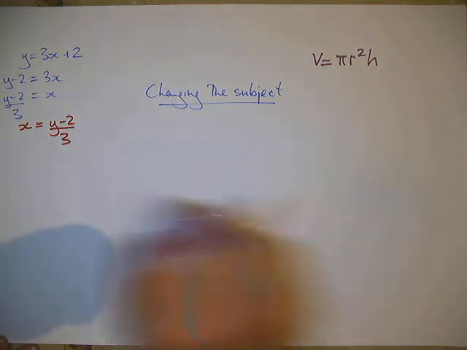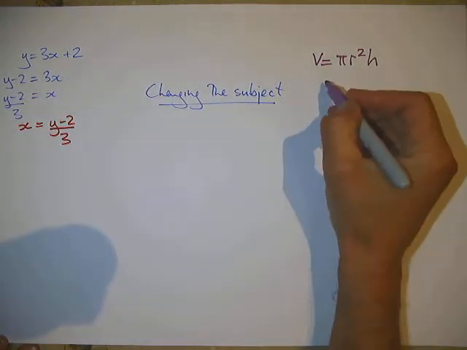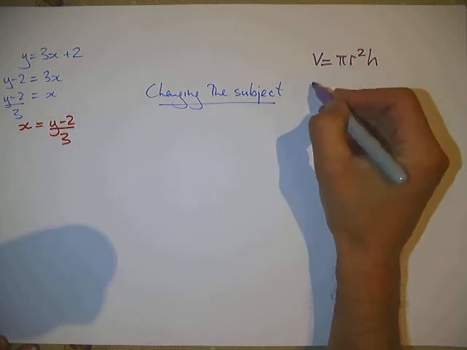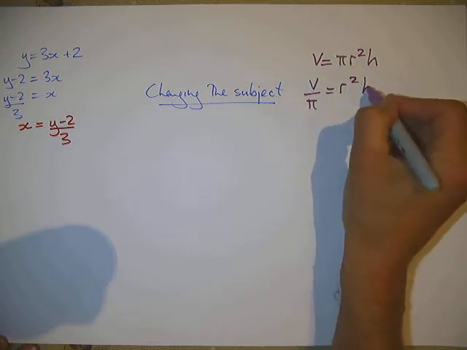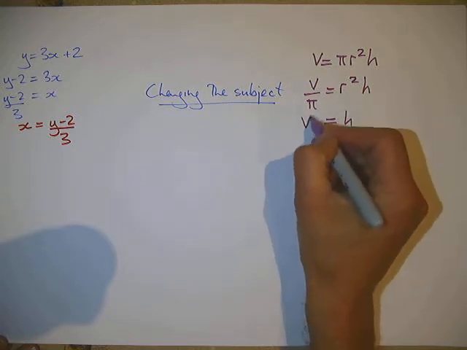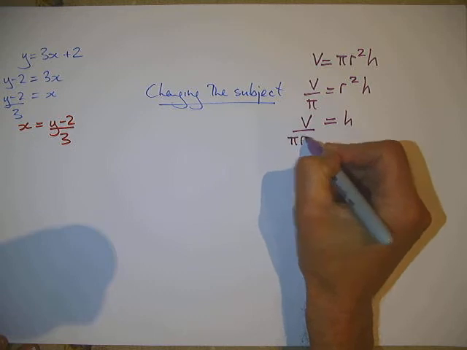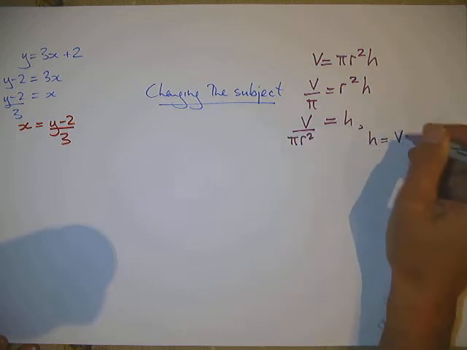Notice two variables. I could rearrange this in a couple of ways. I could divide by the pi, and then divide by r squared. That would be making h the subject.